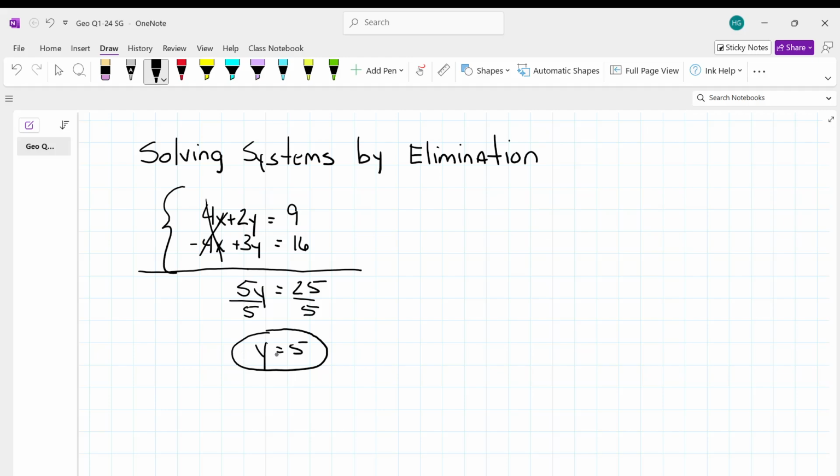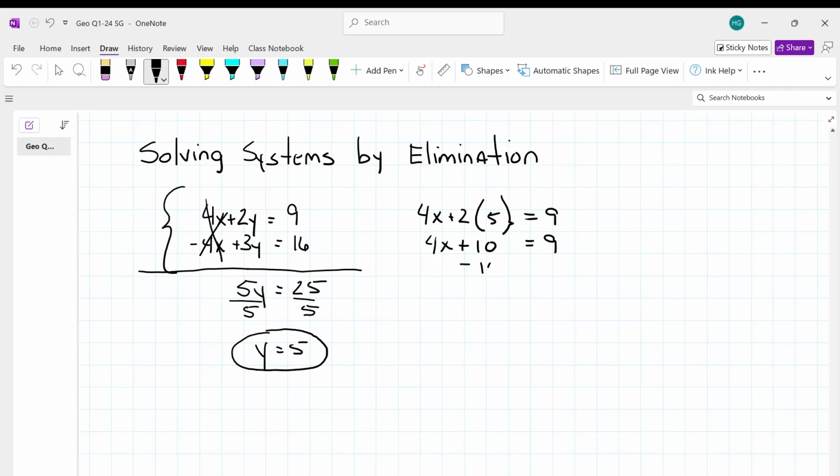Once we have solved for one of the variables, the next step is the same as yesterday, and that's to substitute. So I'm going to go back to the top equation, and where there's a y, I'm going to replace it with a 5. So I got 4x plus 2 times 5 is equal to 9. I get 4x plus 10, that's equal to 9.